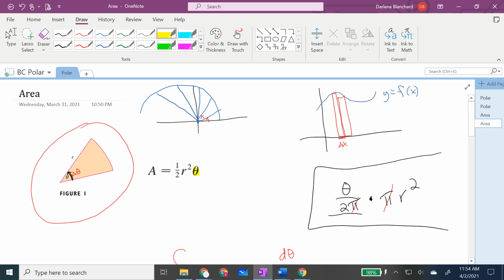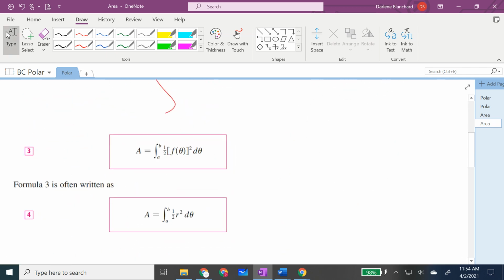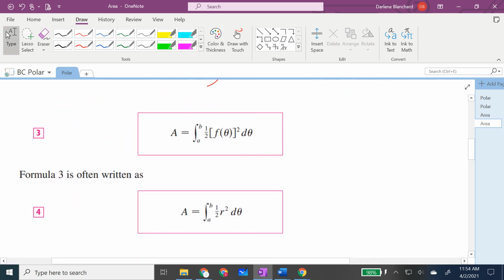So what you're really going to have to remember is just 1/2 r squared. Not too bad. And keep in mind that you will be given r as a function with respect to theta, or r could be a constant. If r is a constant, then you could use the area of a sector formula instead.